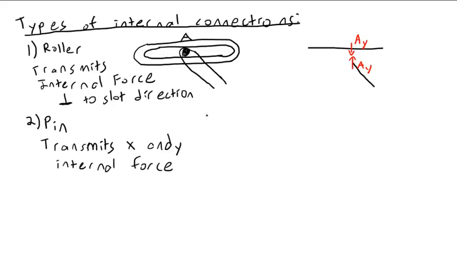So if you have a member that is joined up with another one with a pin, it can transmit force. So this is point B. Let me just draw these again as line members.